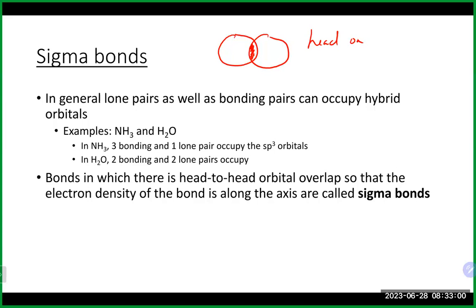Now, when we talk about hybrid orbitals, in the couple of examples we looked at previously, all of the bonding electrons were occupying those hybrid orbitals. They had 1 electron, so they're able to make a bond. But it doesn't necessarily have to be bonding electrons that occupy hybrid orbitals. You can have non-bonding electrons occupy orbitals, and we see that in NH3 and also in H2O.